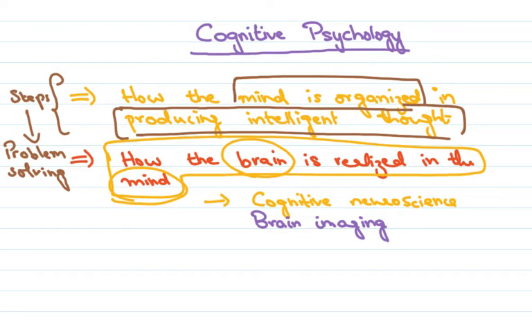So that's what it means: what are the physical mechanisms that underlie thought, perception, memory, and all of these different abstract processes that we refer to when we look at cognitive psychology?